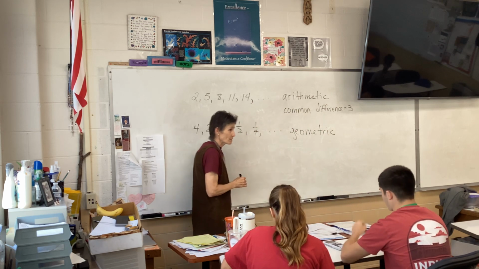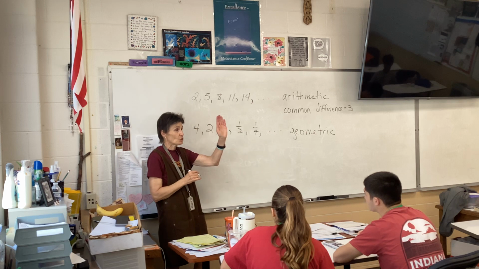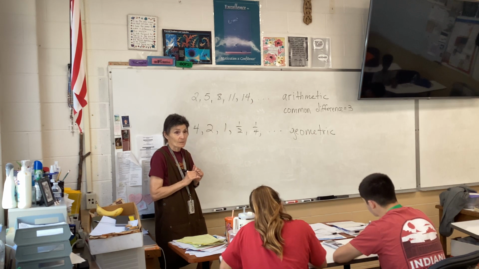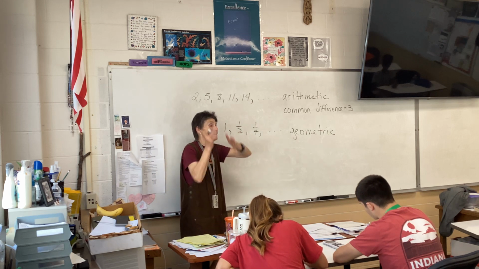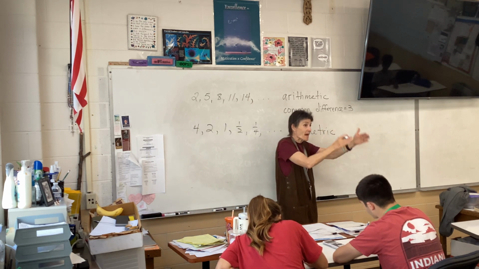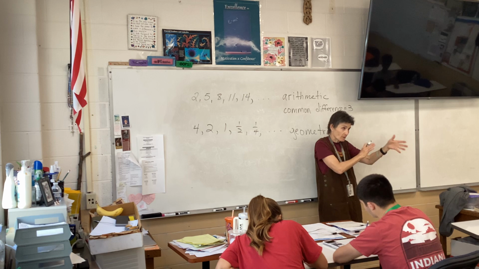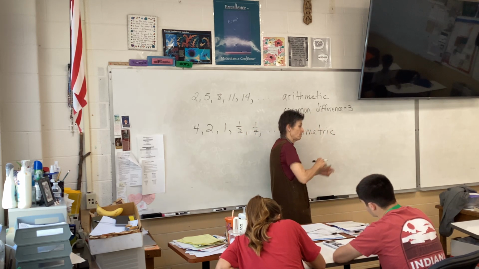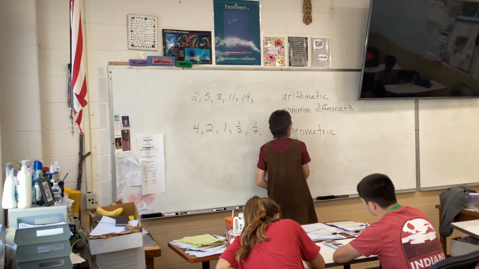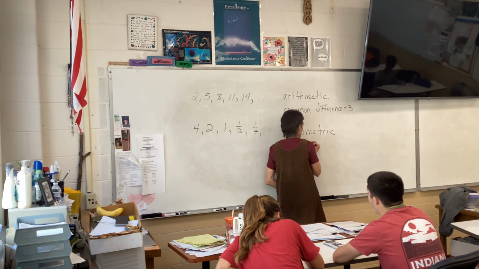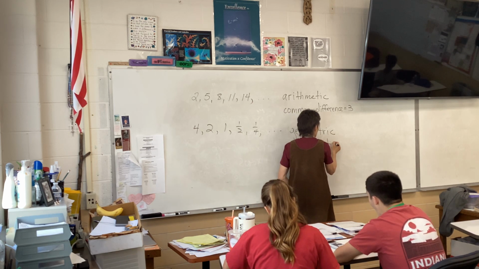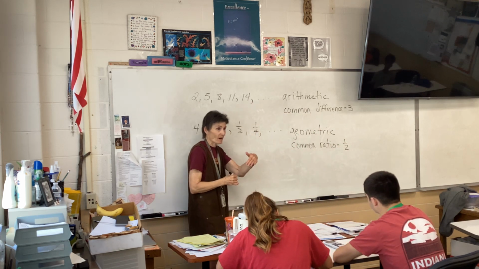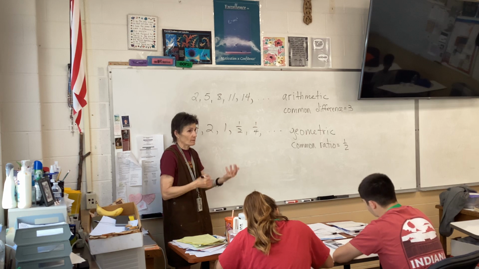A geometric sequence is one in which you get from term to term by multiplying by the same number. So in an arithmetic, we get from term to term by adding the same number. In geometric, we get from term to term by multiplying by the same number. That same number is called the common ratio, and in this problem, it is 1/2 or 0.5. That is what we are multiplying by.